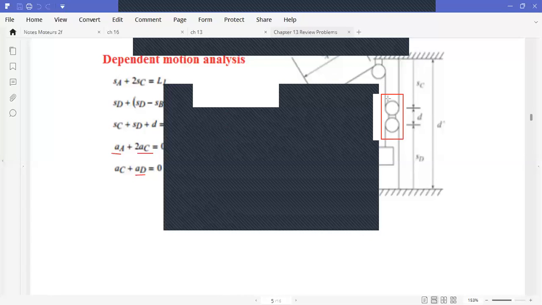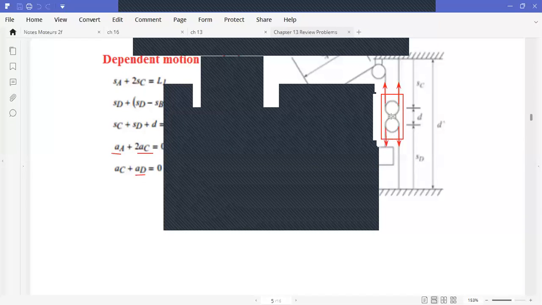If I draw the forces, this is cable 1. So here I have T1 and here I have T1. And in the second cable I have T2, T2. Because the mass of the pulley is negligible, 2T1 equals 2T2, so T1 is equal to T2. So I have the same tension in cable 1 and cable 2.